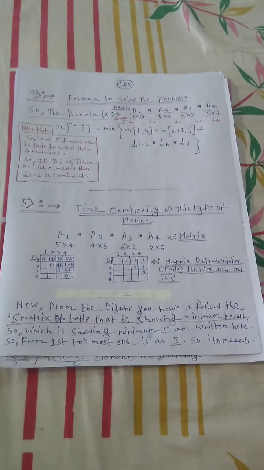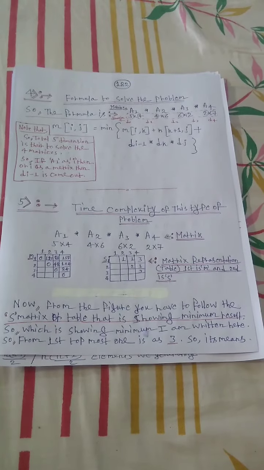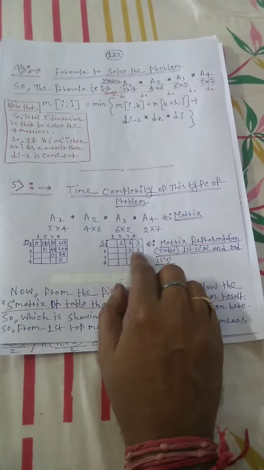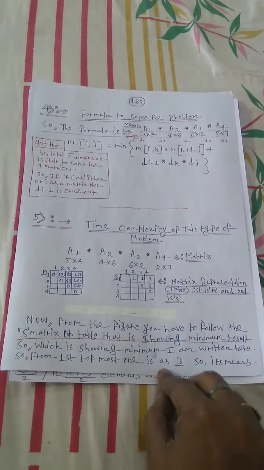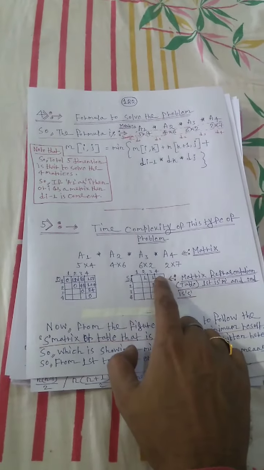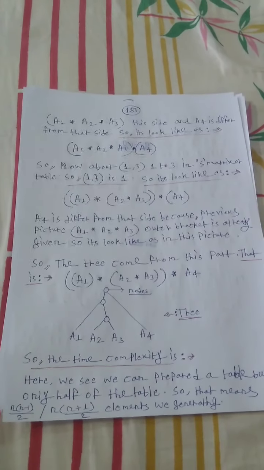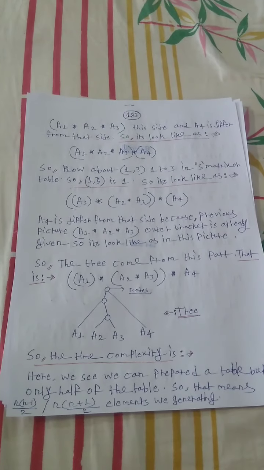Now from the figure we have to follow the S matrix or table, which shows the minimum result. The topmost entry, if I select it, is 3, which means a1 into a2 into a3 is on this side, and a4 is separate from that side, so it looks like a1 into a2 into a3 into a4.